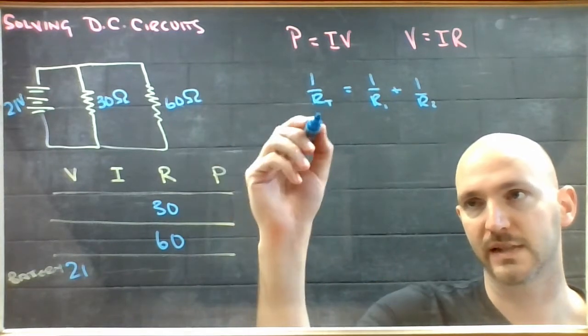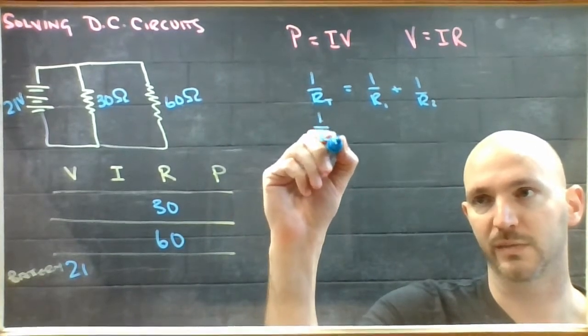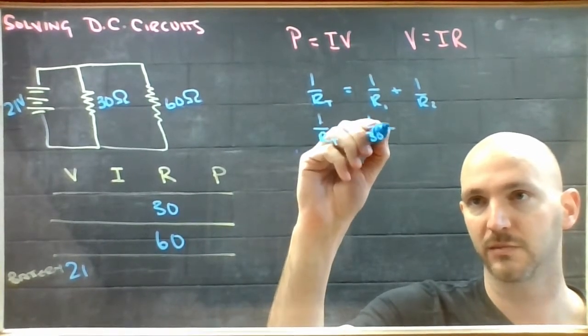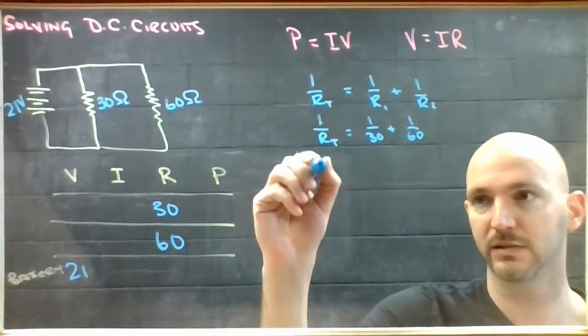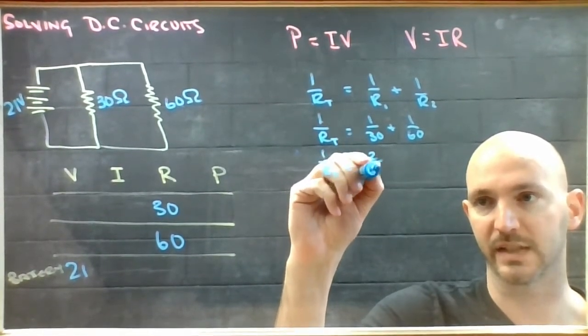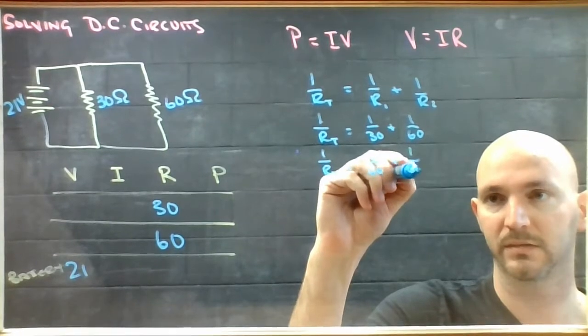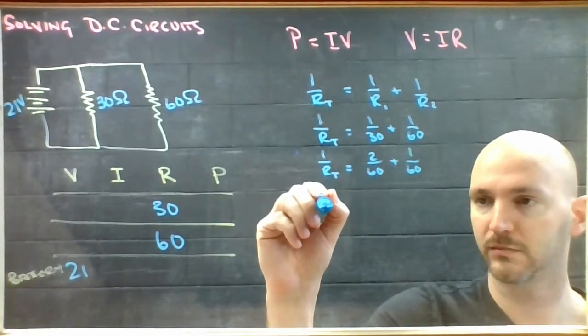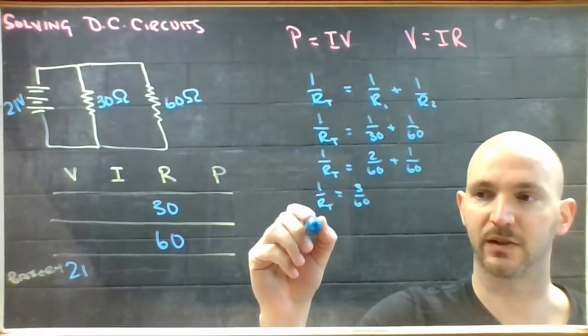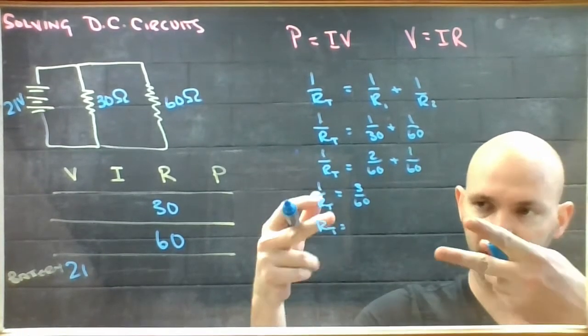So for this segment then, 1 over the total resistance of this thing would be 1 over 30 plus 1 over 60. Now that's 2 60ths plus 1 60th. So that's 3 over 60, and then flip both sides.